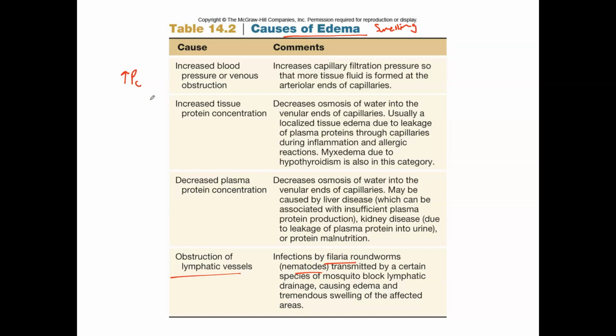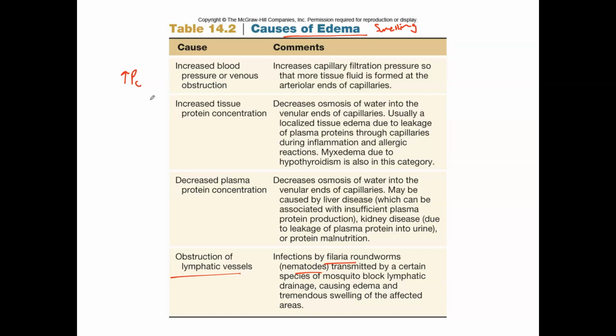So this could be caused by venous obstructions, so some sort of thrombus that leads to increased pressure. This could just be increased arterial blood pressure, what we call hypertension. This could be congestive heart failure, specifically right-sided congestive heart failure.